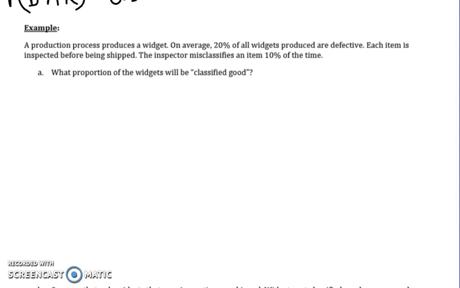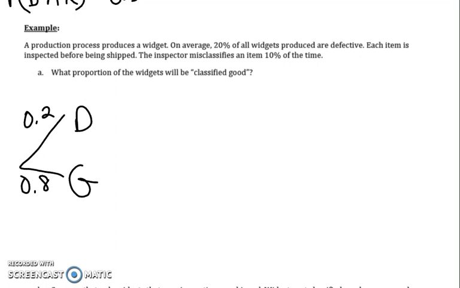So, we have the widget is either defective or it's good. So 20% of the time it's defective. That means 80% of the time, or 0.8, it's good.